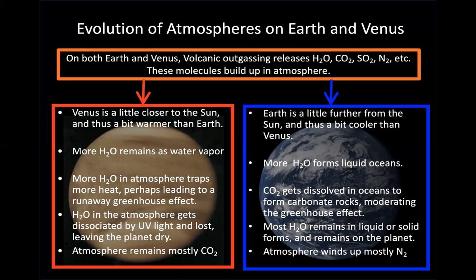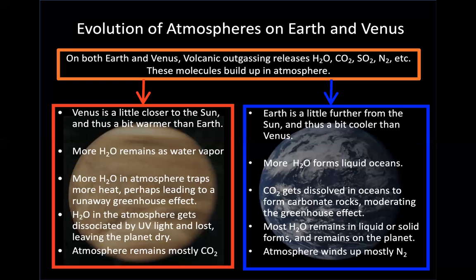So what we imagine is when they formed, Earth and Venus had very similar atmospheres, corresponding to very similar compositions. These gases are released by volcanoes, impacts, etc. And so when they start out, their atmospheres have similar amounts of water, carbon dioxide, nitrogen, etc. But then they start to diverge because Venus is a little closer to the sun than the Earth is.